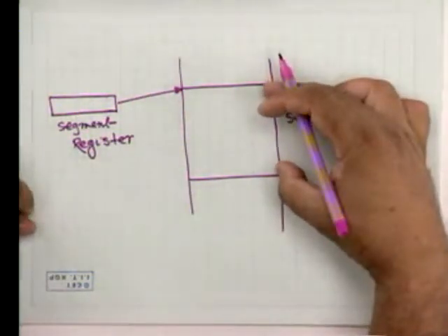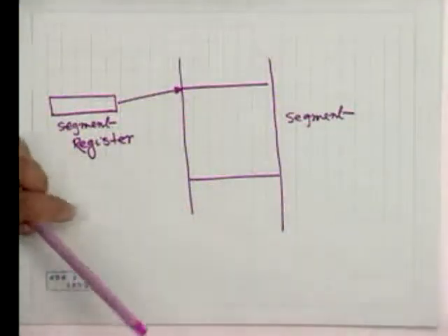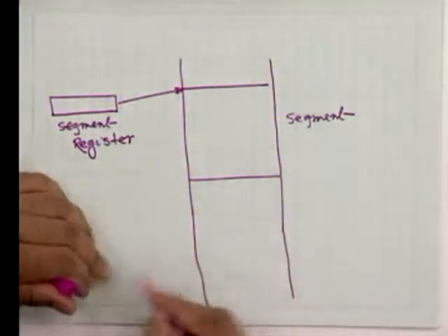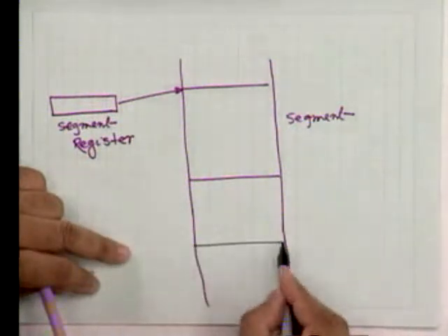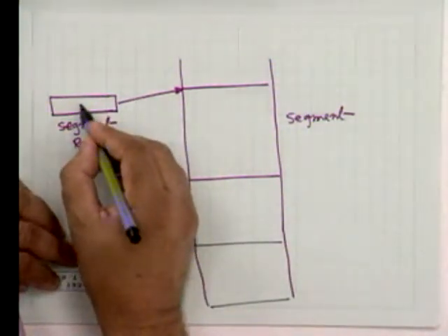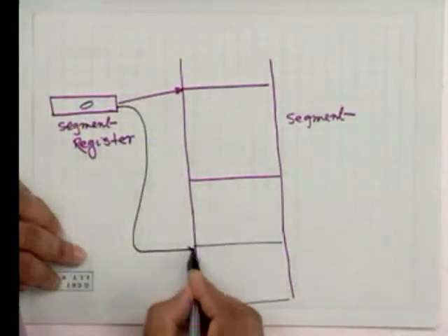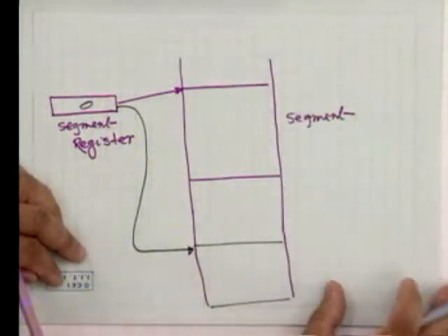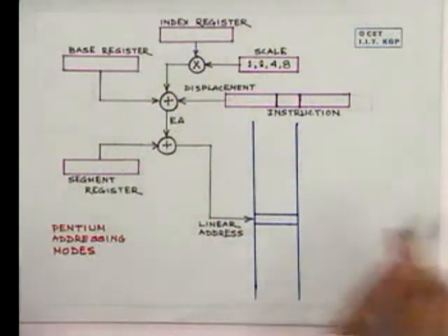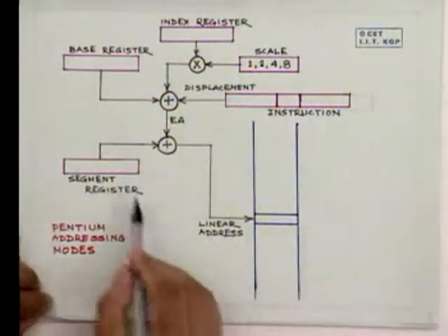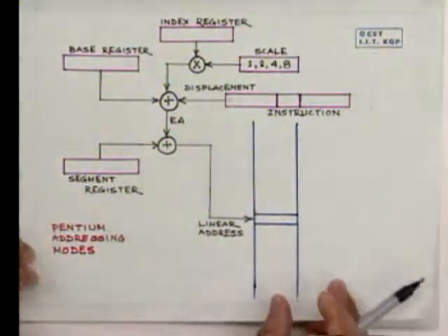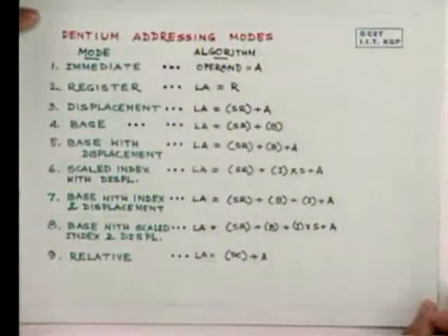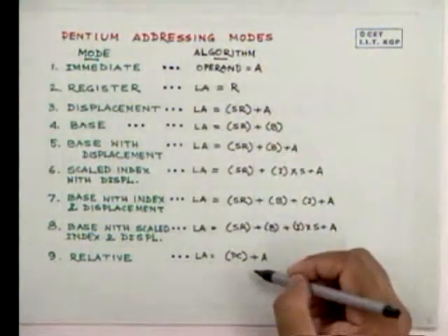Now, if you want to move the segment from this portion of the memory to somewhere else in the memory, say here, then you only have to change the content of the segment register, and the entire addressing that was applicable here will be applicable here. That is the importance of keeping a segment register to point to the beginning of the segment.